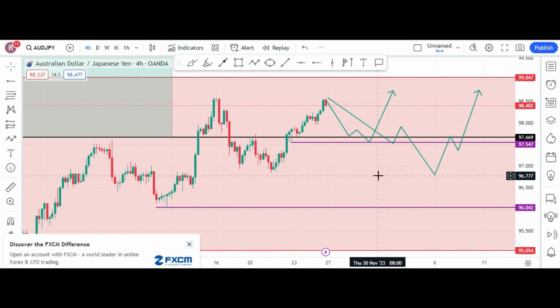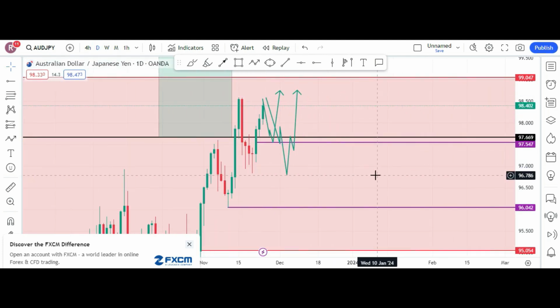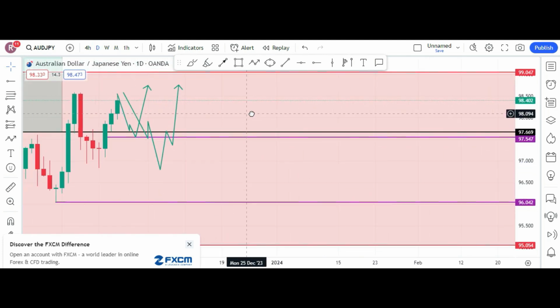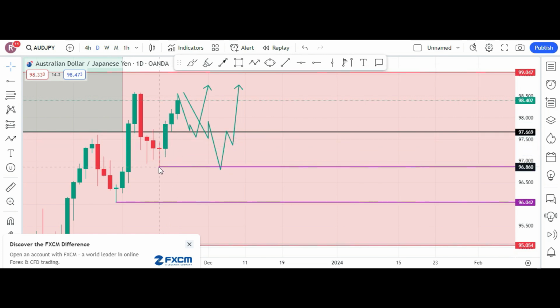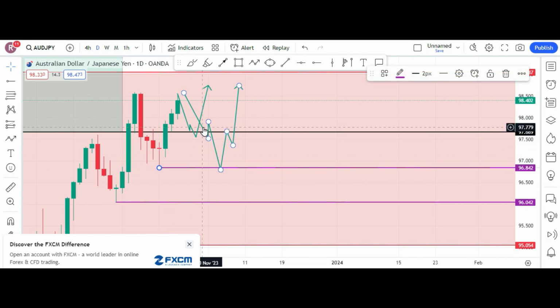So that's it for today for AUDJPY, and I should draw it a little bit. Yes, that's the place I told you. So let's put it here. That is a better conservative estimation, I think. Either it will come to retest this, and here the chances are more, because the fair value gap will be mitigated.